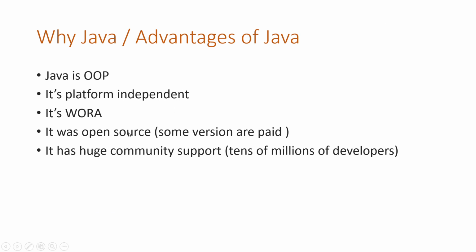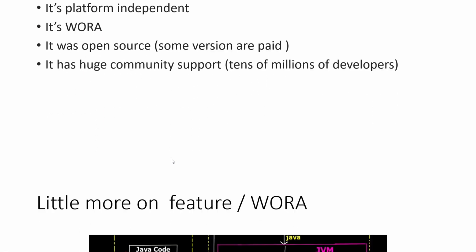It was open source; previously it was open source, but a few years ago some paid versions with some advanced features were also introduced by Oracle. It has a very huge community. There are many developers actively working on Java, and day by day it is getting enhanced, and it also has large support available in the IT industry. So let's jump on to the next.